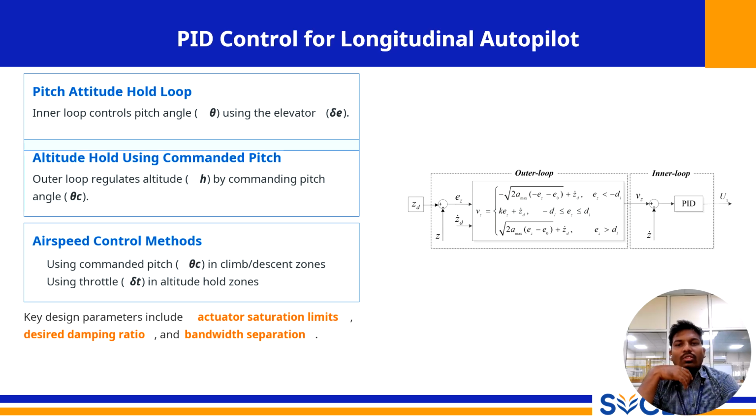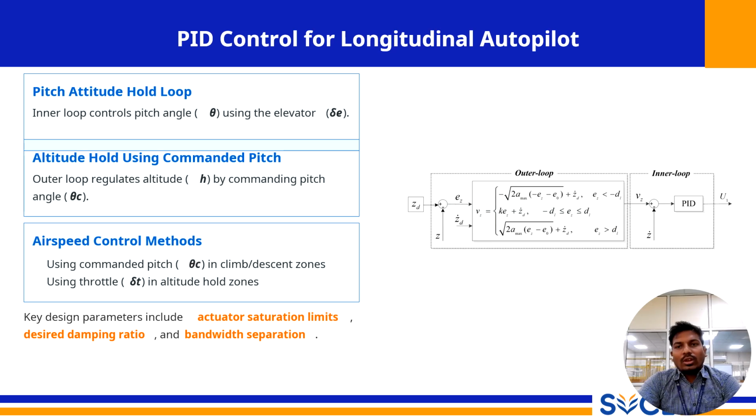Controlling airspeed is a bit more nuanced, as the relationship between pitch and throttle changes depending on the phase of the flight. There are different airspeed control methods. Often, the autopilot uses commanded pitch theta c in the climb and descent zones to manage speed while setting the throttle to full or idle.